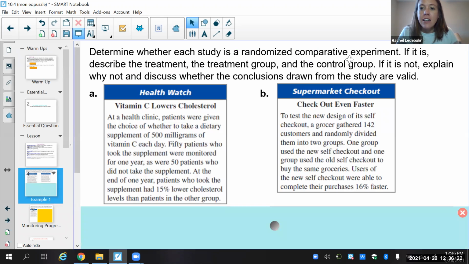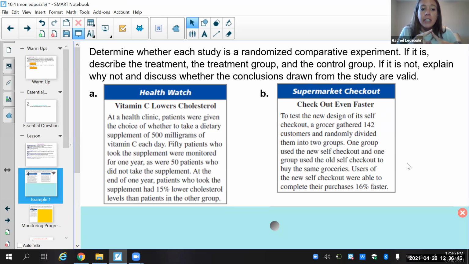All right, so let's dive in a little bit deeper with some of those words. We want to determine whether each of these studies is a randomized comparative experiment. If it is, we'll describe the parts, meaning the treatment group and the control group. If not, we'll explain why not. Okay, here's the first study.